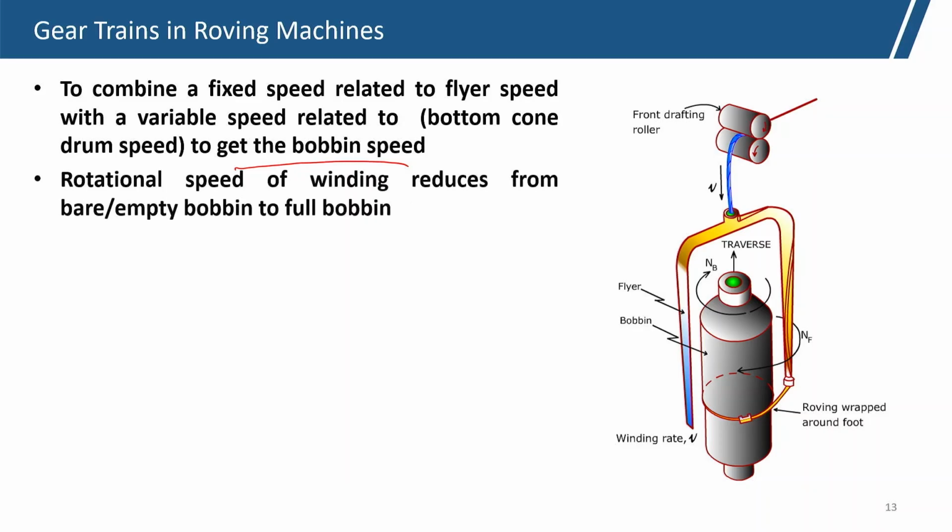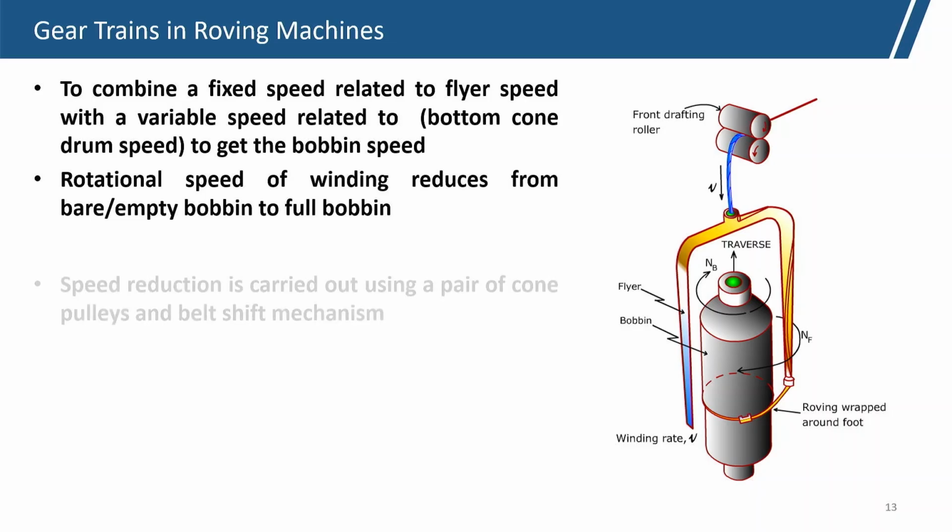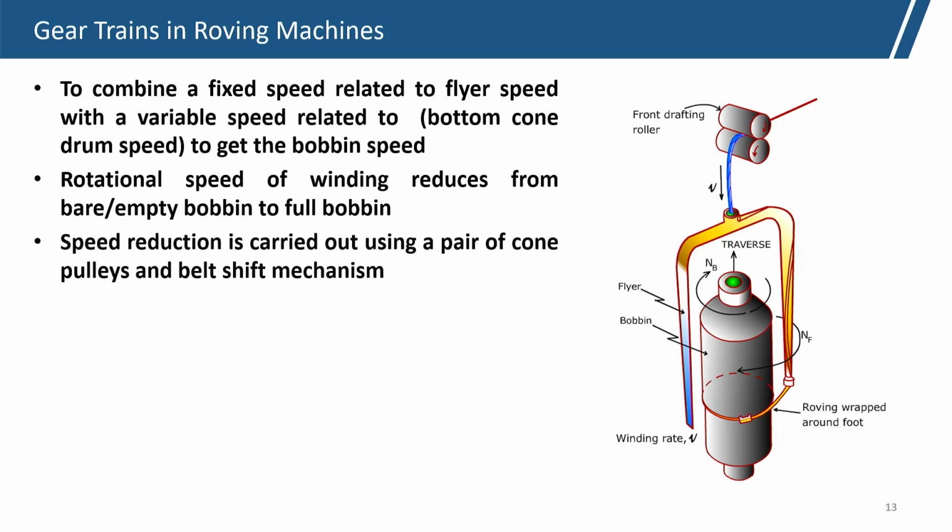The rotational speed of winding reduces from a bare or empty bobbin to a full bobbin, that we have seen in the last session through the numerical calculation. So, it gradually reduces. The speed reduction is carried out using a pair of cone drums, cone pulleys, and a belt shifting mechanism.